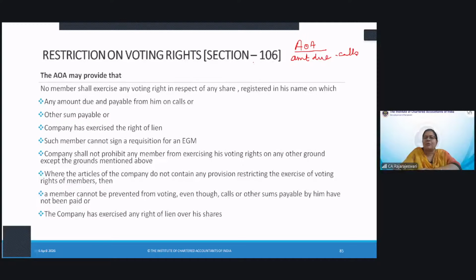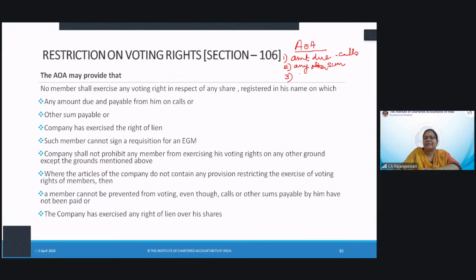So some amount is due from him, so that member cannot vote. Or any other sum payable to the company that the person has not yet paid, then that member cannot vote.